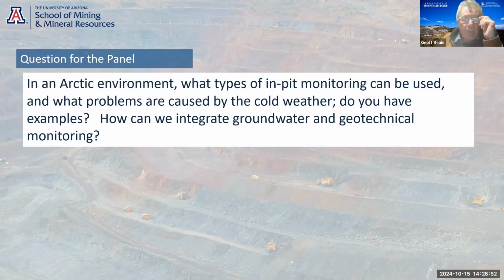So these days the cold weather doesn't really give us too much of a problem with monitoring because we can grout the instruments in. It's a bit of a different issue with horizontal drains. Obviously, they freeze at the collar, but I think the question is specifically about monitoring.